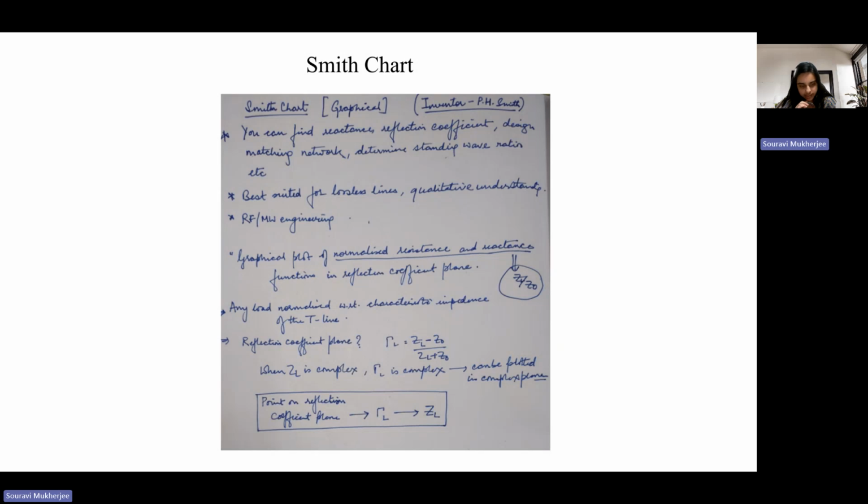So what this is telling you is that the Smith chart is basically a plot of all resistances and reactances that you want to plot, normalized to the characteristic impedance, and then they're plotted in the reflection coefficient plane.